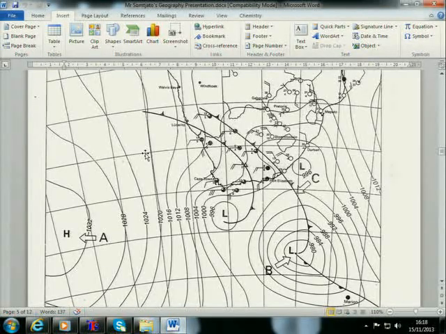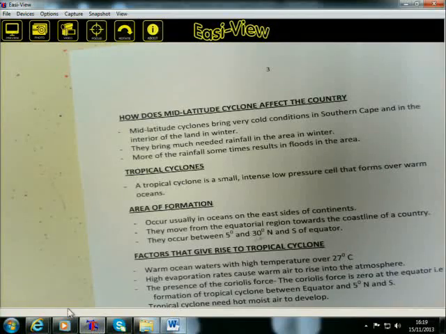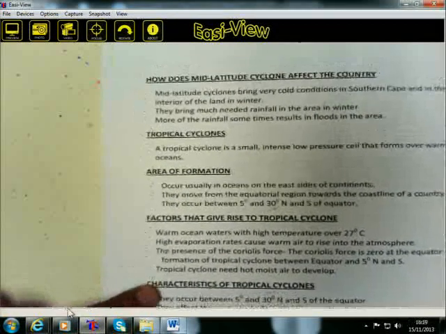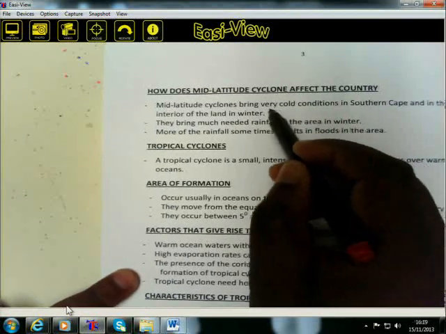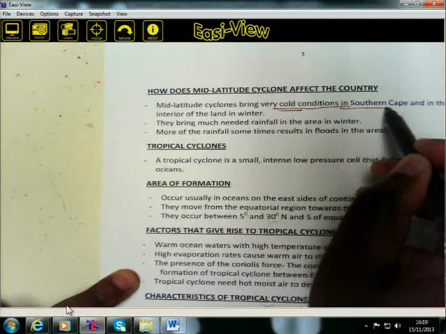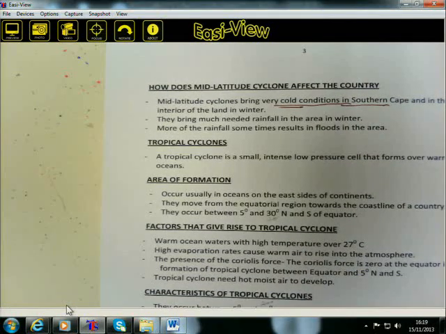Because the cold front affects South Africa during winter time, and it is a cold front in its nature, it brings very cold conditions in the Southern Cape.